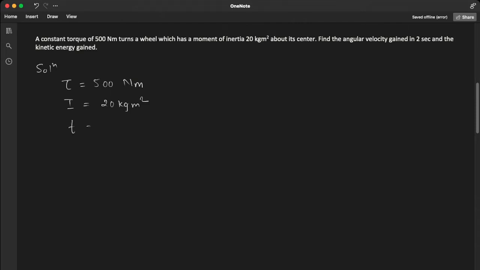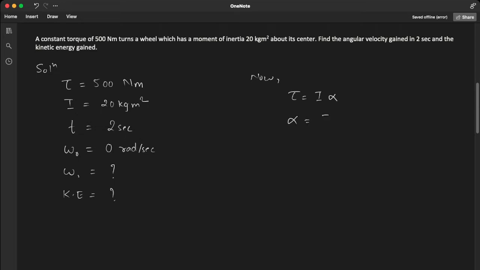We need to find the angular velocity gained in 2 seconds. So here, what we consider is that when the torque is applied, the wheel starts to rotate, so its initial angular velocity will be 0. And we need to find the final angular velocity as well as the kinetic energy. The first thing, we need to calculate the angular acceleration using the formula tau is equal to I into alpha.